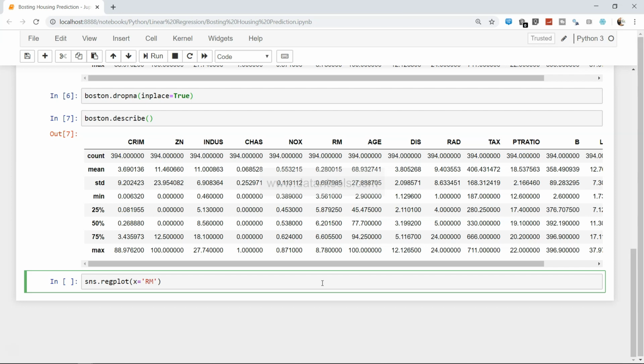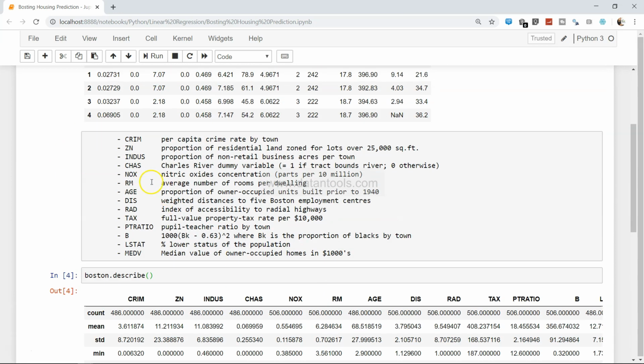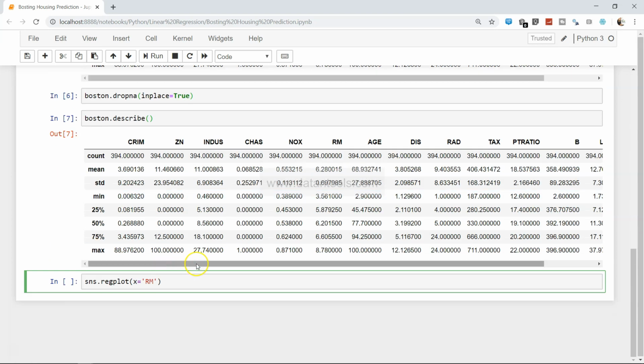We'll specify x as RM, which is nothing but the average number of rooms per dwelling. If the average number of rooms increases, we can assume the price will also increase. So this way you will have some positive upward correlation.